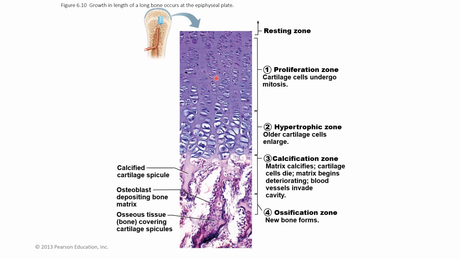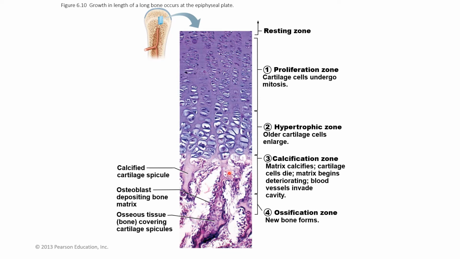But at the same time as this proliferation zone is dividing and pushing against your bone, the cartilage down here is deteriorating. Right here, there's a zone known as the hypertrophic zone. Notice how the cartilage cells are starting to look pretty old and they are enlarged.